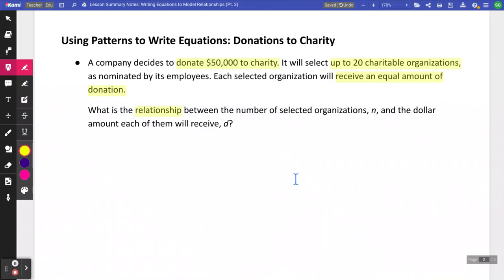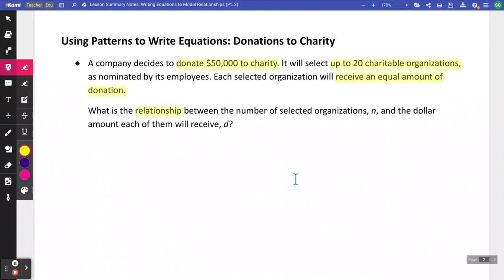Now, you might already have an equation in mind, but at some point in your life, you're going to be given a situation like this where that equation isn't going to be obvious to you. And I want to use this question as an example of why we love tables in math. Tables are huge because they are a great way to help you notice the pattern.